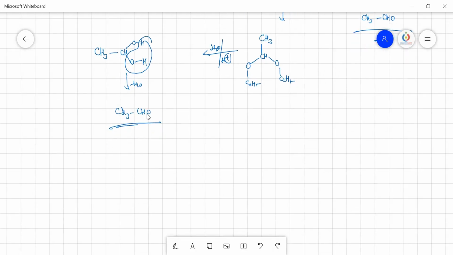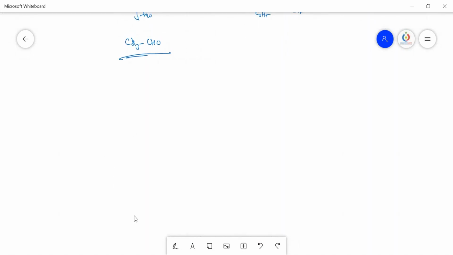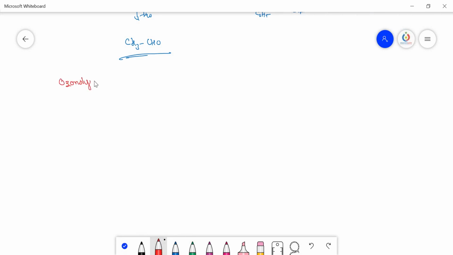Now let us see the ozonolysis of these alkynes, the addition of ozone. Alkynes react with ozone in the presence of CCl4 to form the ozonide.